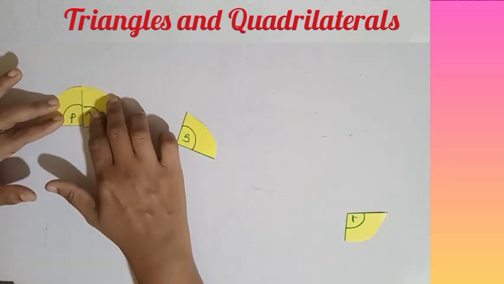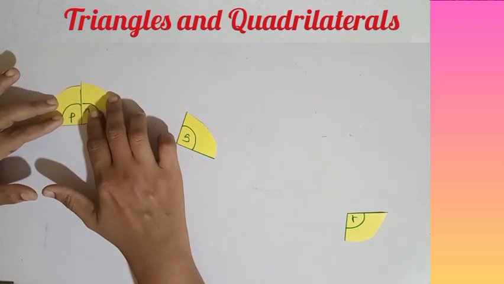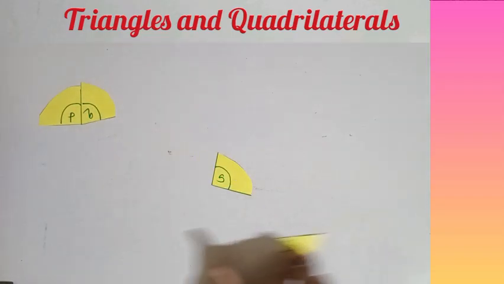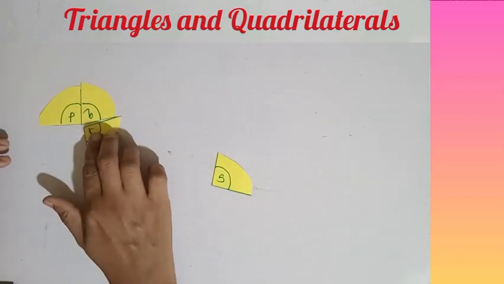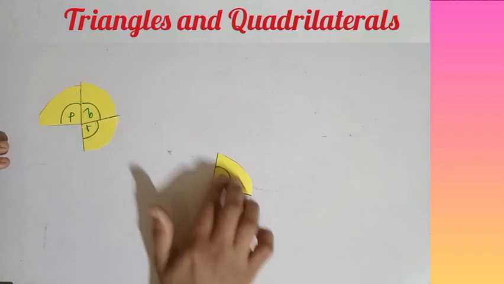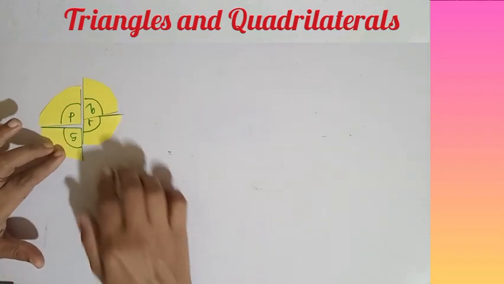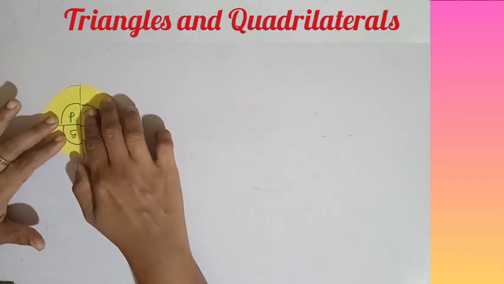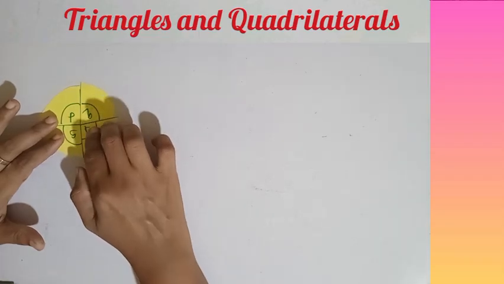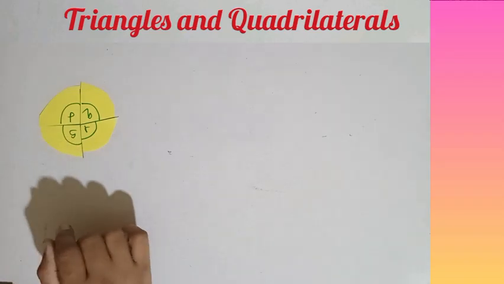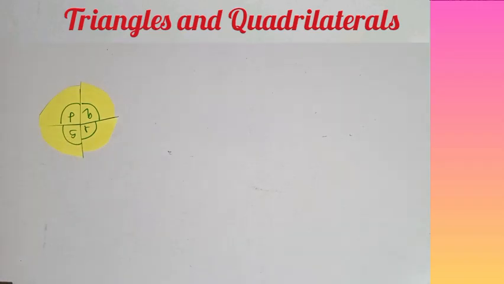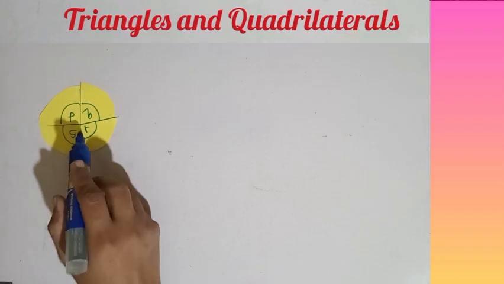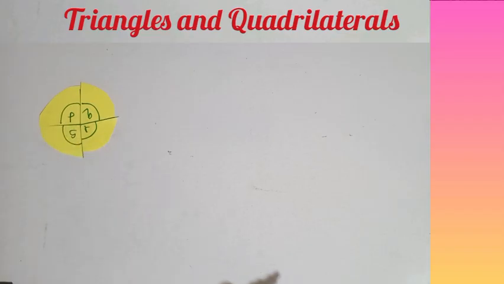Now I am going to paste them around a point such that all the vertices of the angles come across one point like this, without gaps or any overlaps, as we did earlier. You can paste them in your exercise books. These four angles are also located around the point.